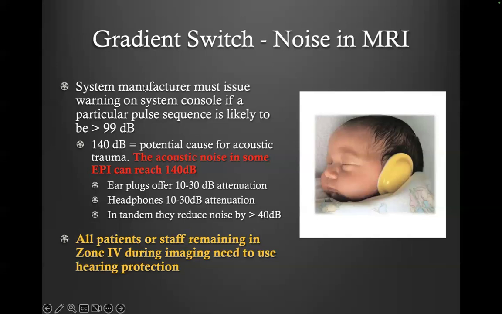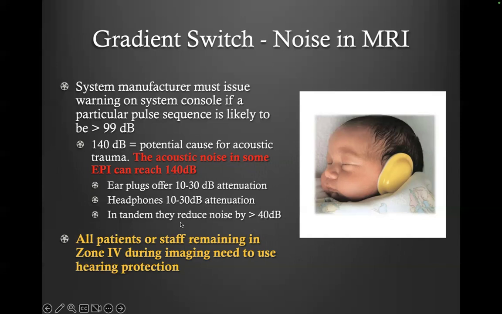System manufacturers must issue warnings on the system console if a particular pulse sequence is likely to be above 99 dB. And 140 dB is a potential cause for acoustic trauma. So we typically offer earplugs, which provide about 30 dB attenuation. Headphones offer another 30 dB attenuation.